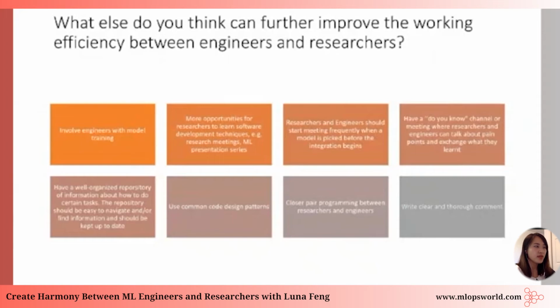But we figured if we have engineers in the model training process, this can help engineers to understand more of the full picture and help to enhance the code organization or reuse, and also set up some automation and testing during the model training will likely help mitigate some bugs and inefficiencies at the inference time.